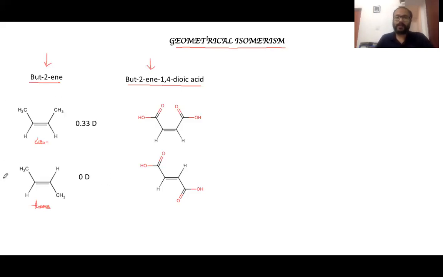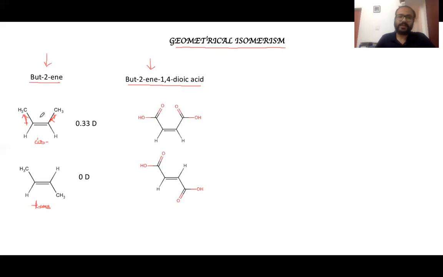So here we have the example of 2-butene. In the cis isomer, there is a dipole moment which is acting in this fashion. Similarly, you have a dipole moment which is acting in this particular fashion. So both the dipoles are acting in the same direction.